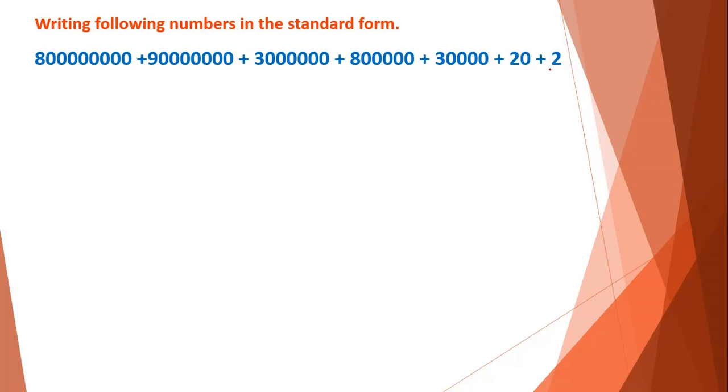For that, first, starting from the highest number to the lowest number, we'll arrange all the numbers in periods using commas. You already know the ones period has 3 places: ones, tens, hundreds. After the hundreds place we need to put a comma. So I will make these 3 digits the ones period and put a comma here.